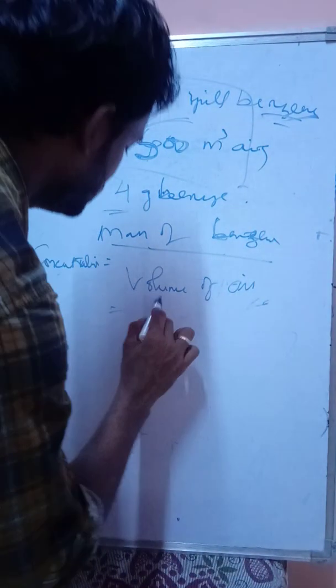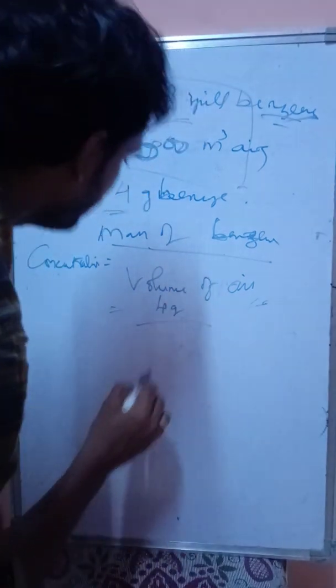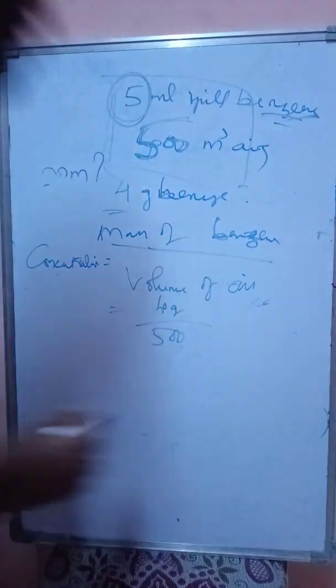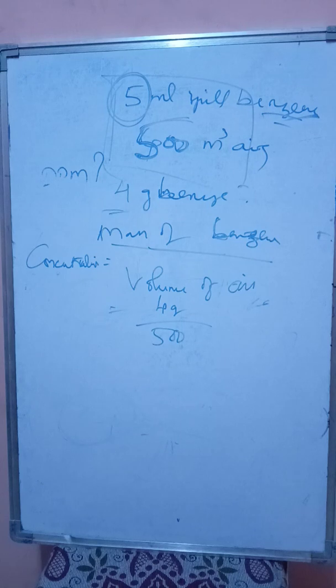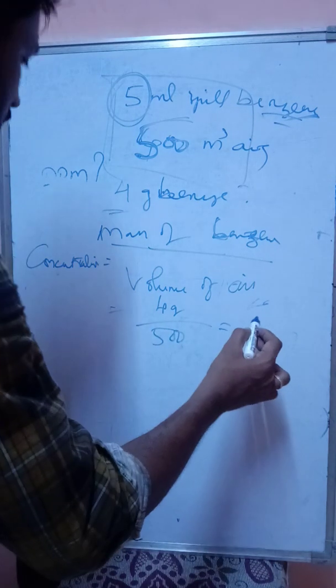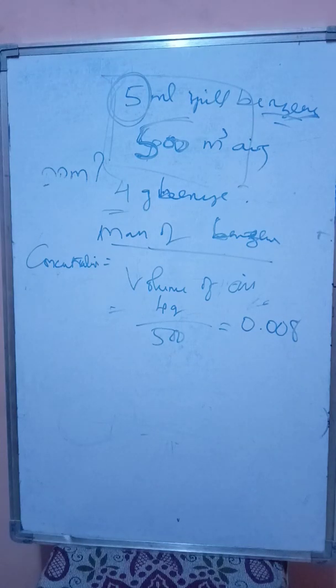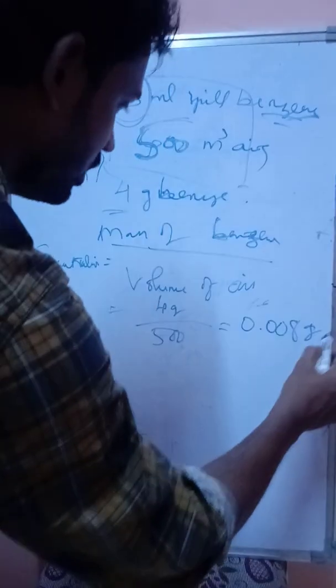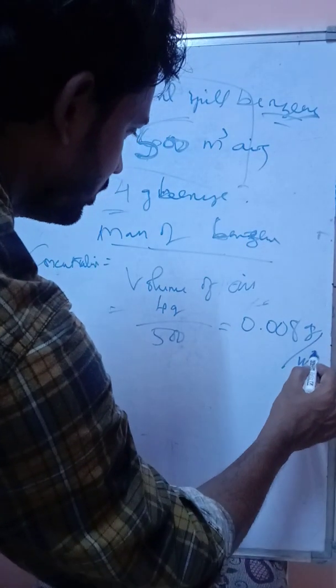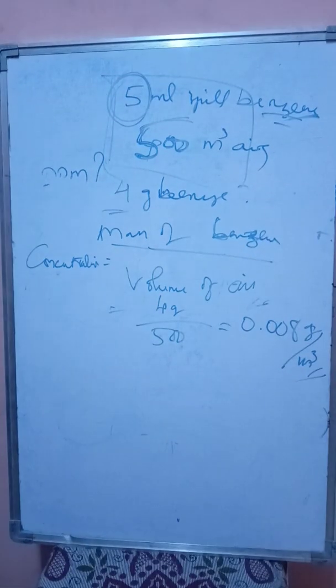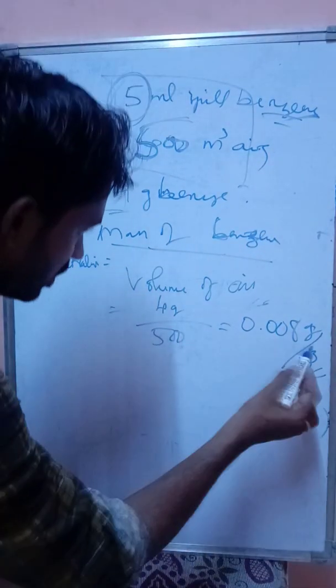So this is 4 gram divided by the volume, which we measure as 500 meter cube. 4 divided by 500 is equal to 0.008 gram per meter cube.